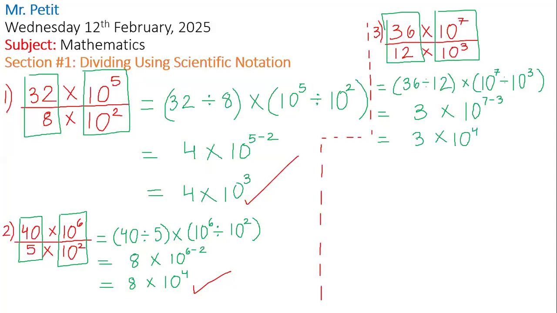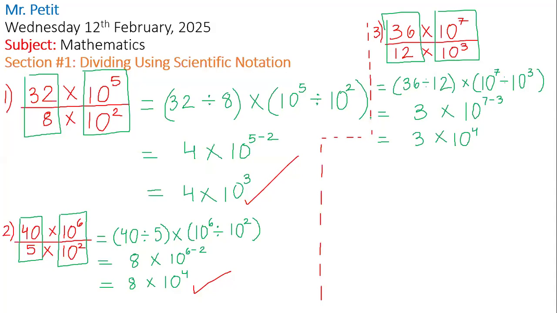I got 3 times 10 to the power of 4. Did anyone else get that? Okay, excellent. Is this in scientific notation or no? Yes, sir. How do you know it's in scientific notation?